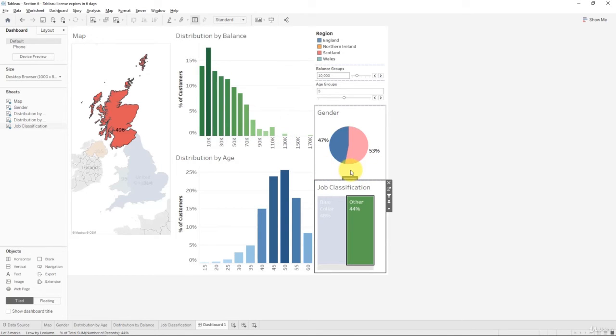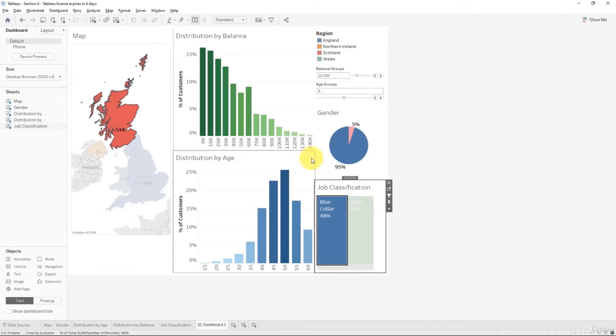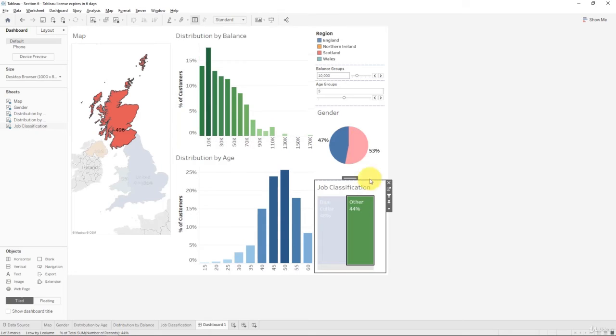So if you want to expand the bank's customer base in Scotland in the blue collar space, you should be targeting males in their late 40s, early 50s. On the other hand, if you want to target other kinds of professions, you should still take into consideration that there is a large female representation even in this region, where overall there is predominantly a male representation.